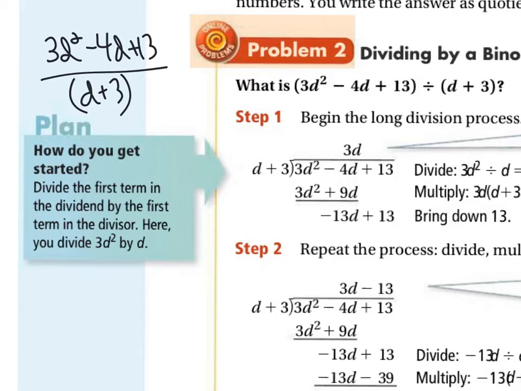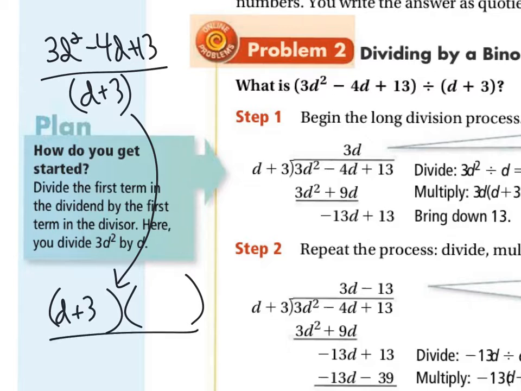And then you could think about if in the numerator we could factor that out somehow. If we could factor our numerator somehow and get a d plus 3 factor, and then that could cancel with the d plus 3 in the denominator.